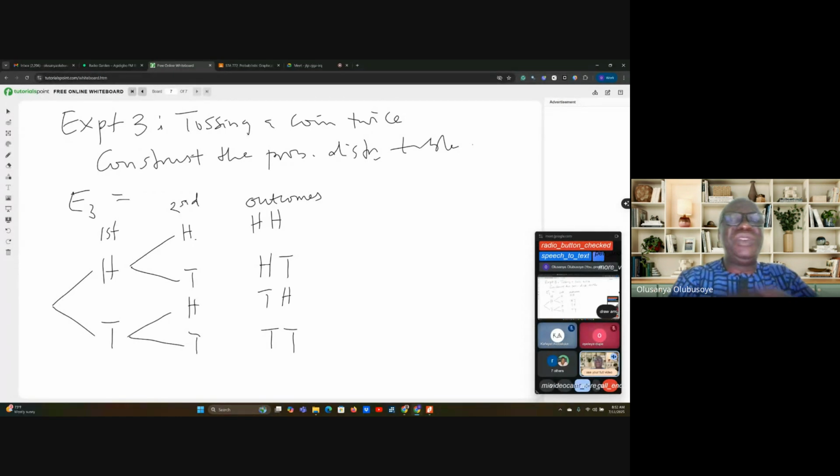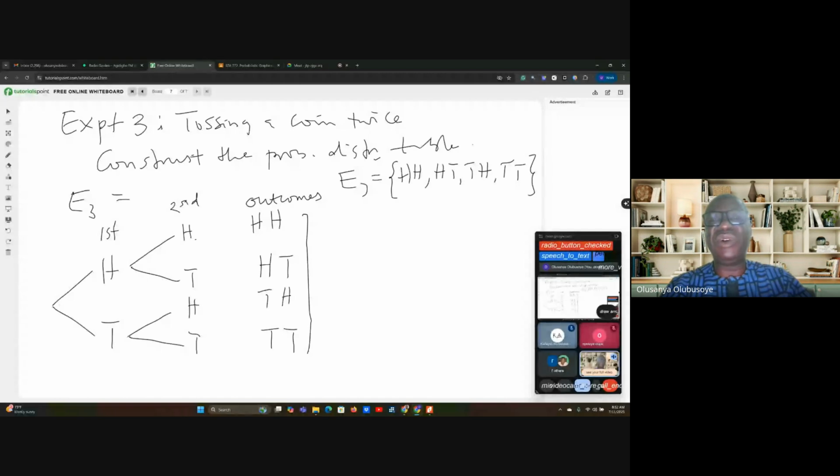So we will have 4 possible outcomes. So our sample space has head, head, head, tail, tail, head, tail, tail.